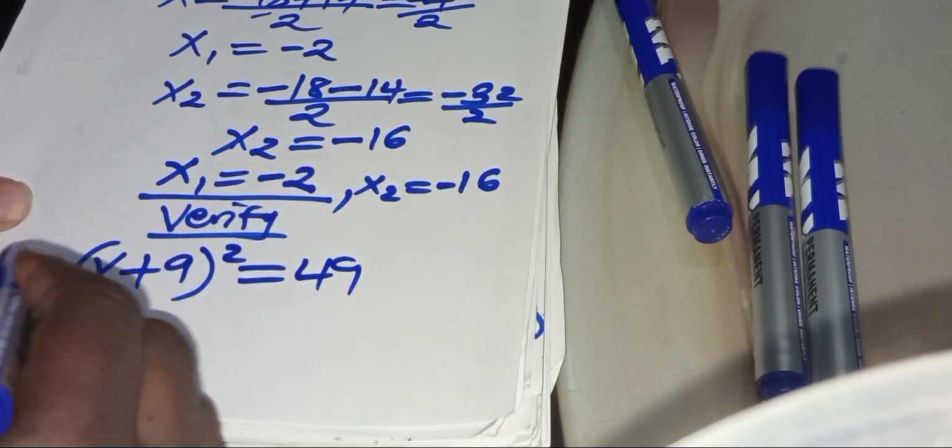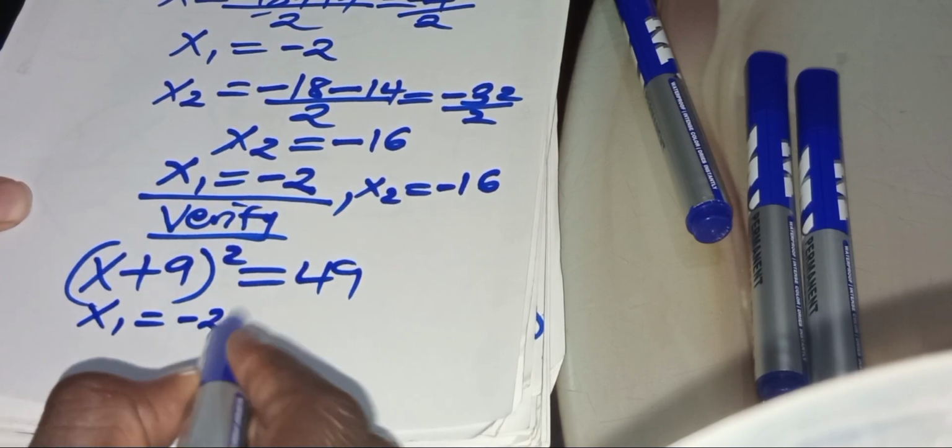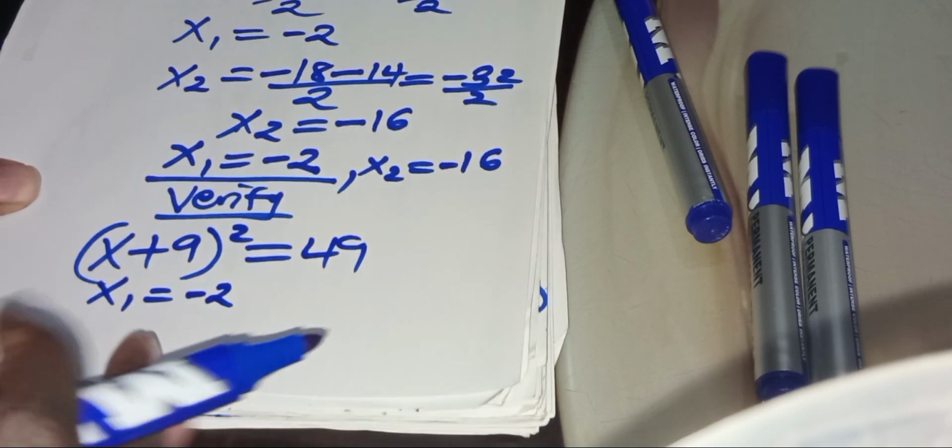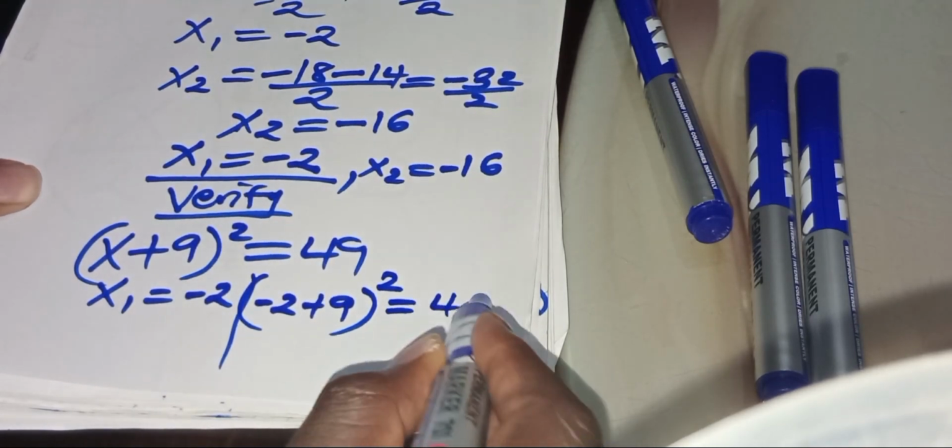Let's first check x1, which is equal to negative 2. Let's substitute negative 2 into the equation. So this is (negative 2 + 9)^2. This should give us a value of 49.